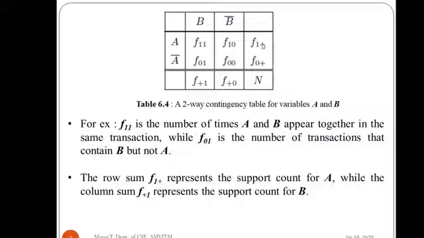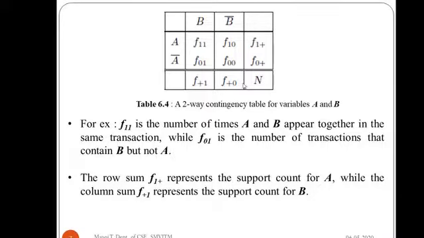Now here this row sum F1+ indicates the support count for A, while the column sum F+1 indicates the support count for B. So it is very easy to understand. What do you mean by the support count? Support count means how many transactions have a particular item out of the total number of transactions, that is the N. Suppose if we take A as a particular item, then this particular row counts all the items that are having this particular item.